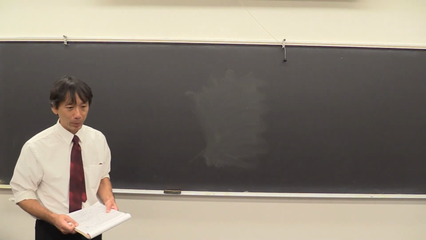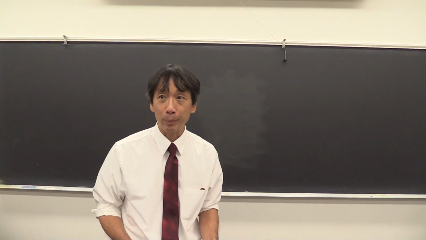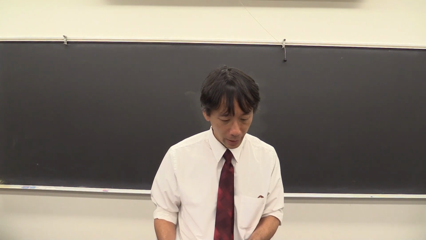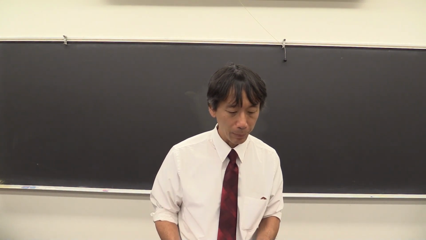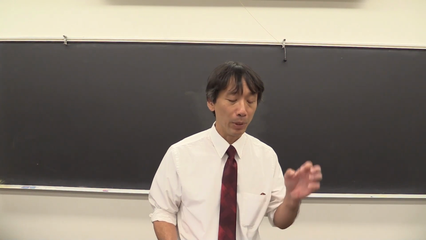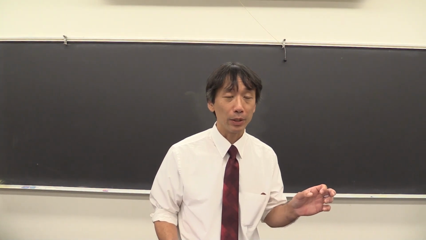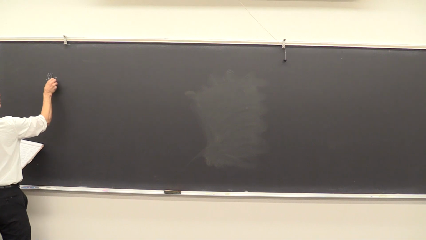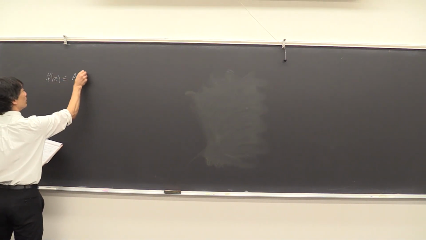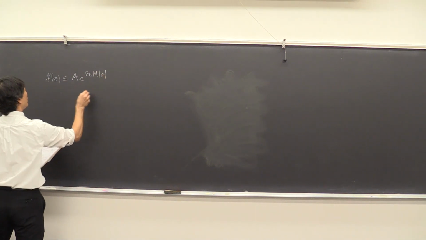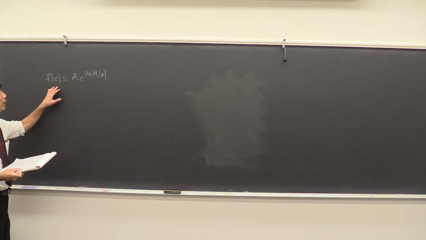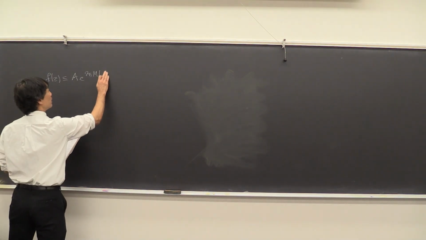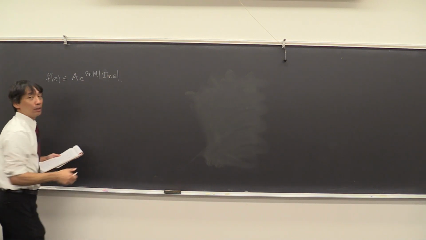Phragmen Lindelof was our first step in the difficult direction of Paley-Wiener, and that is what allowed us to say that the bounds we had assumed could be strengthened slightly. We assumed we had an entire extension that satisfied this sort of bound, and Phragmen Lindelof allowed us to replace this with this.